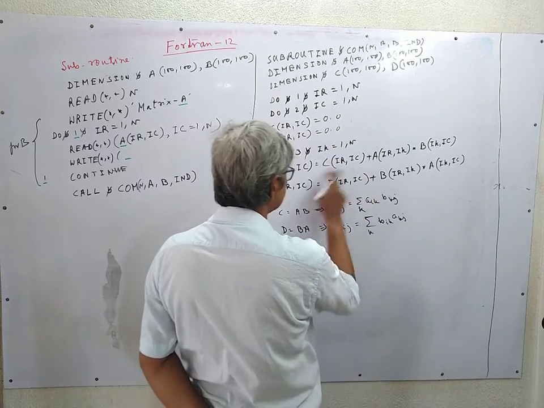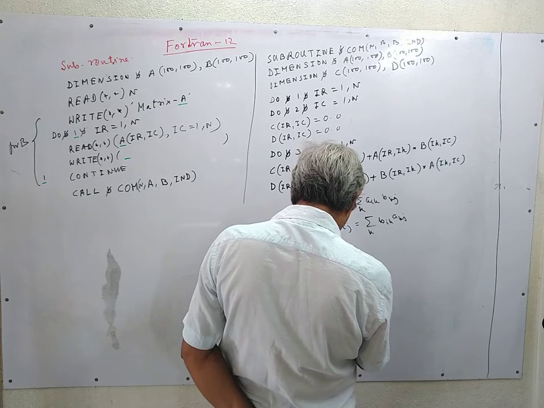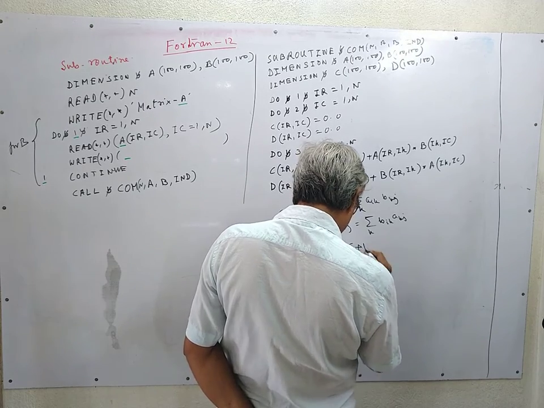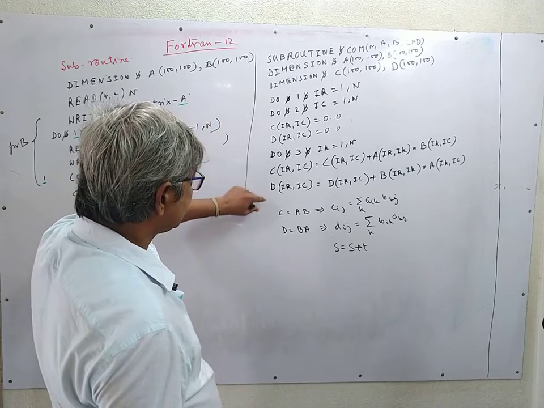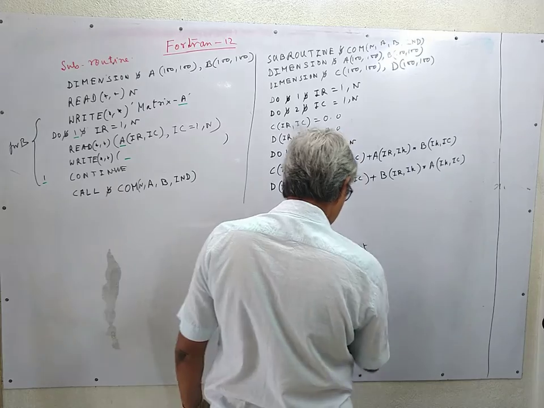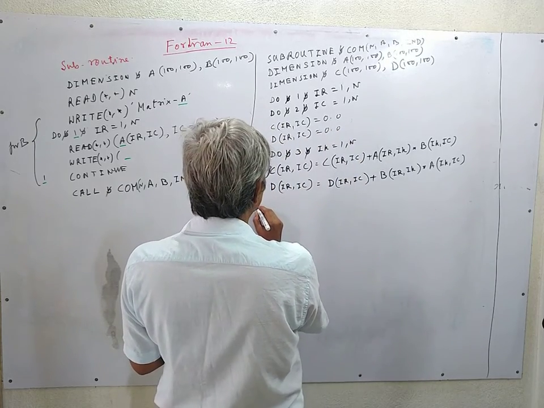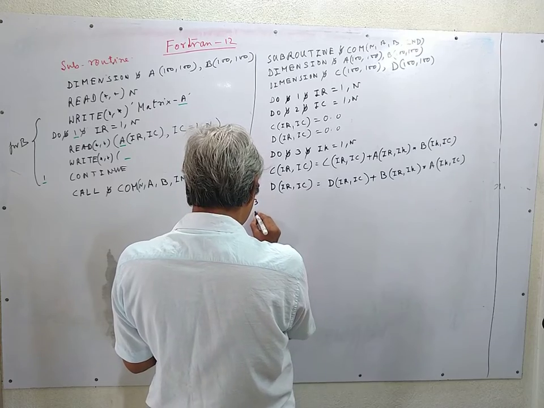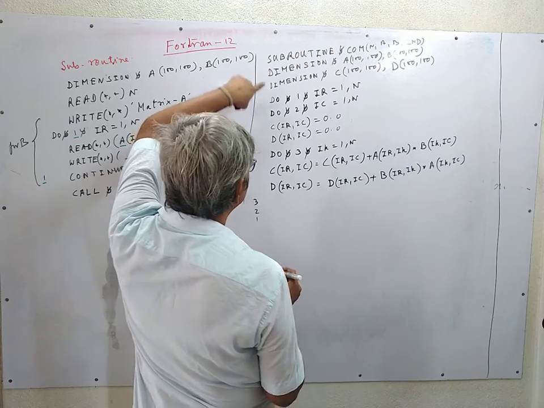For executing this sum, we have always written sum is equal to sum plus term with proper initialization. These are the initializations, and so now the task is to complete 3 do loops in order. First 3, then 2, then 1.